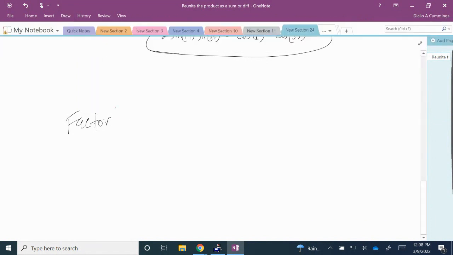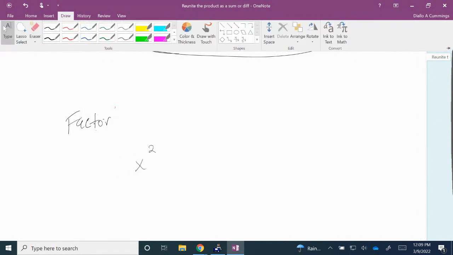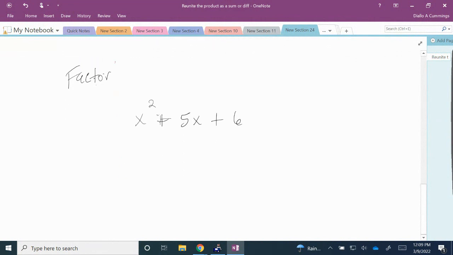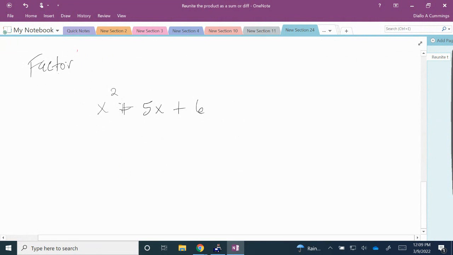All right, so we're just going to look at factoring. So let's say you were asked to factor x squared plus 5x plus 6.